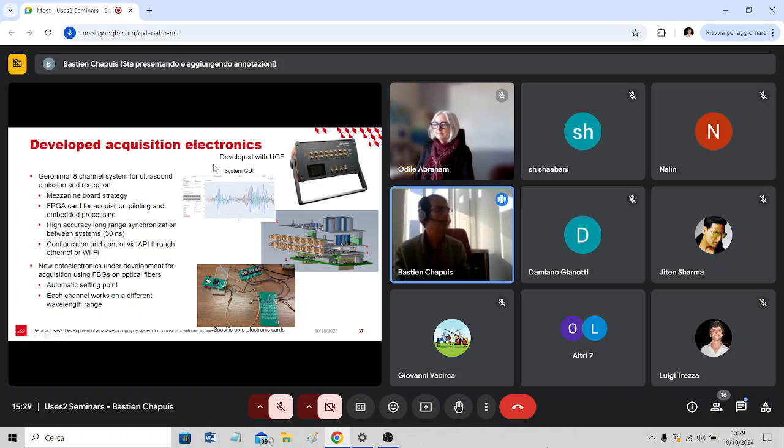Some of you are probably aware we also developed an electronic system in collaboration with Université Gustave Eiffel. I see that Vincent Lecam is connected.